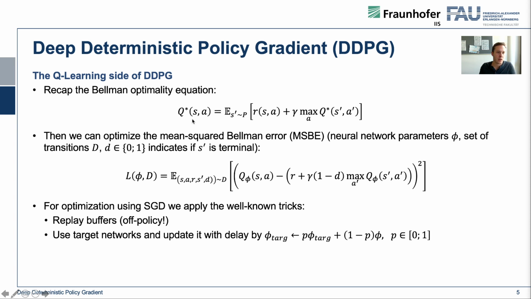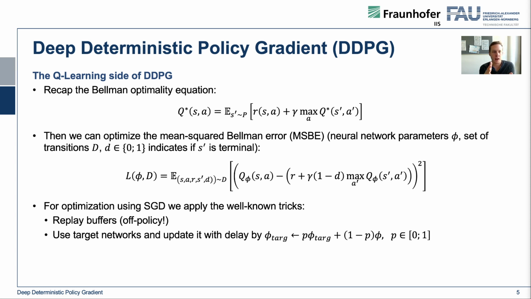The optimal Q function satisfies this equation, which basically says that Q of s, a is nothing else than, if we take this action and get the reward, this reward plus the discounted maximum Q value of the successor state.